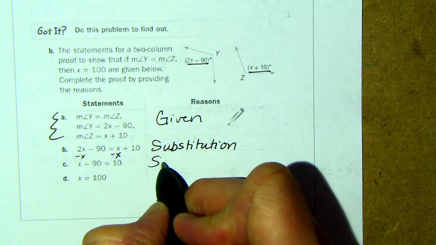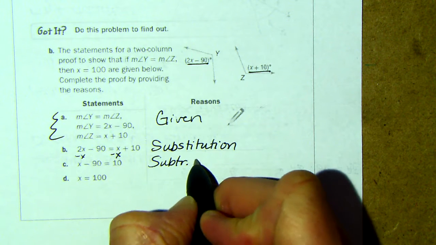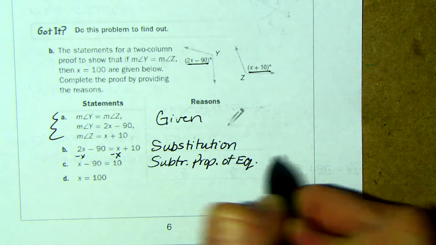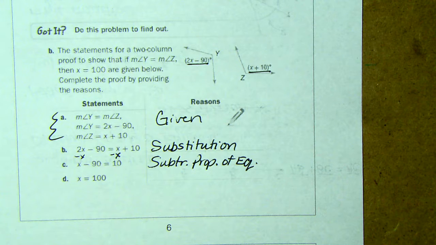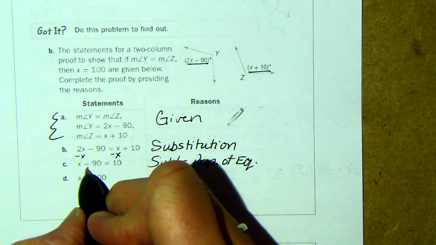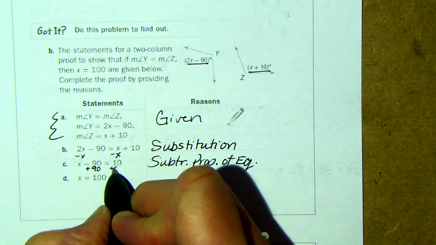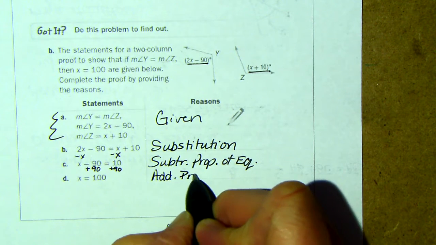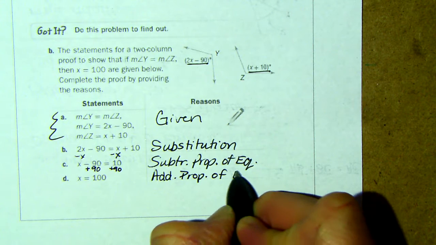Subtraction property of equality. And then they had x minus 90 equals 10, and now they have x equals 100, because what did they do for the last step? What would you do, right? You'd have to add 90 to both sides, or the addition property of equality.